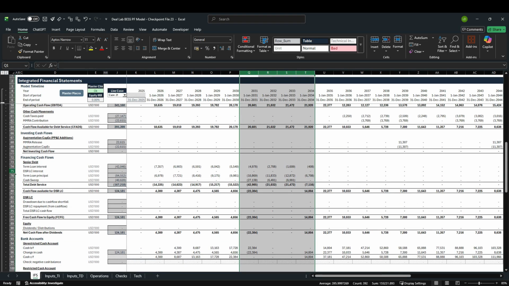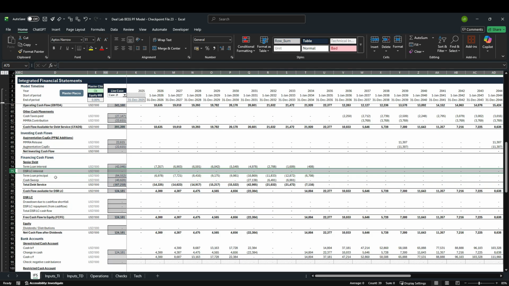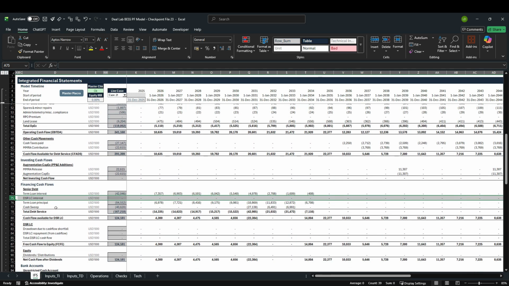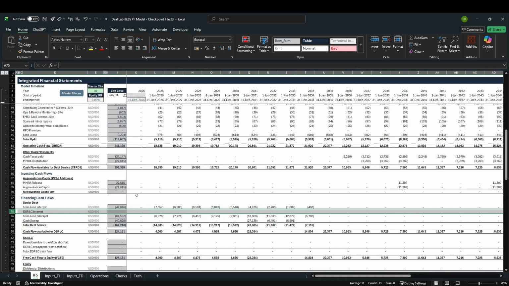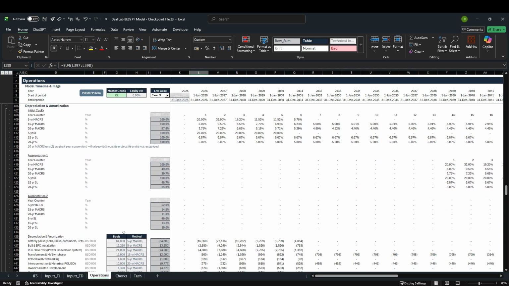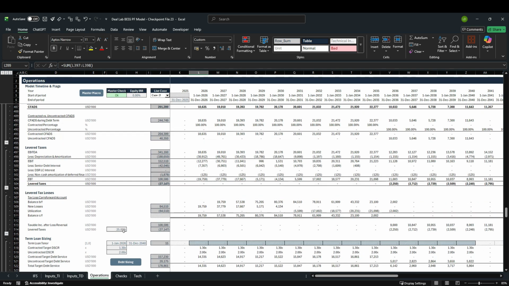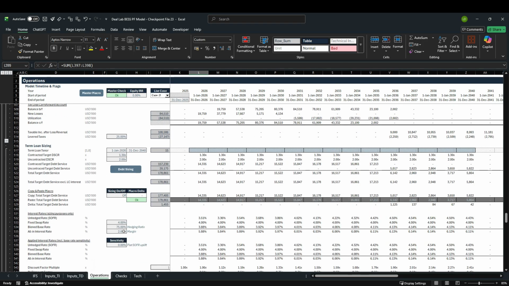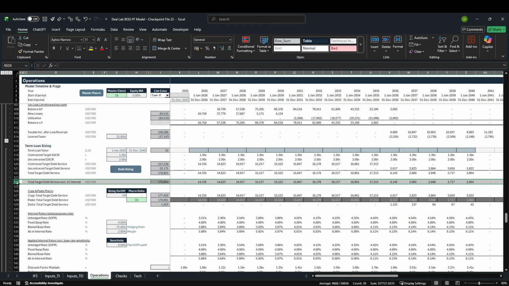So the DSCR LC interest is actually kicking in row 75, and the interest on our letter of credit will actually be paid kind of like an OPEX item, which means that for term loan sizing purposes, we excluded the DSR LC, which we did in row 524.